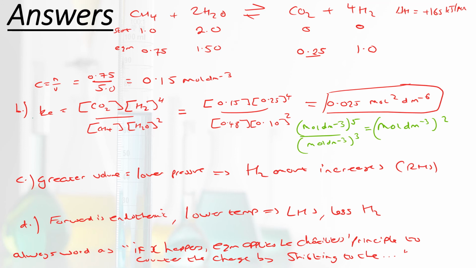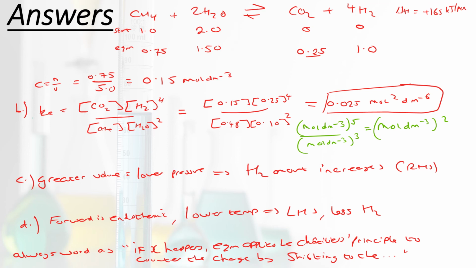So a greater volume would mean that we have essentially the same number of molecules, but now in a bigger volume. That's the same as having a smaller number of molecules in the same volume. So the greater the volume, the lower the pressure. If we lower the pressure, we know from Le Chatelier's principle that the equilibrium is going to shift in the direction to oppose that change.